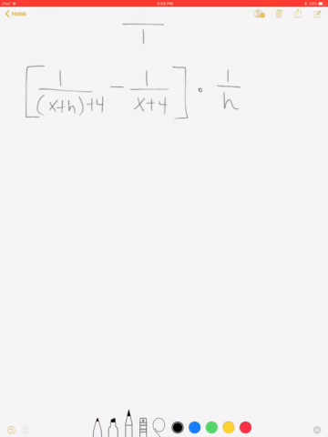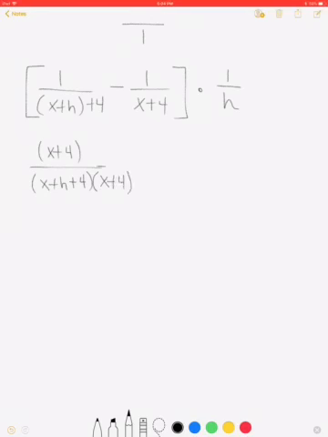All right, I need to get like denominators so that I can combine my fractions. I've got an x plus h plus 4 and an x plus 4. You can't simply add something to both of them. You always have to multiply. So I'm going to need to multiply the first term times x plus 4. I'm going to drop the parentheses between the h and the plus 4.